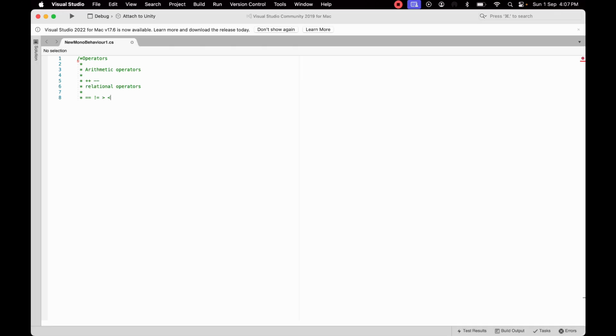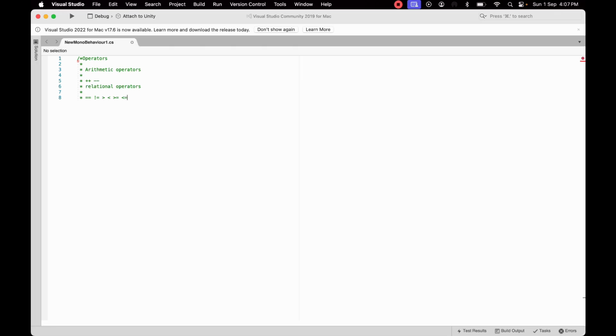Greater than or equal to checks if the left operand is greater than or equal to the right. Less than or equal to checks if the left operand is less than or equal to the right.